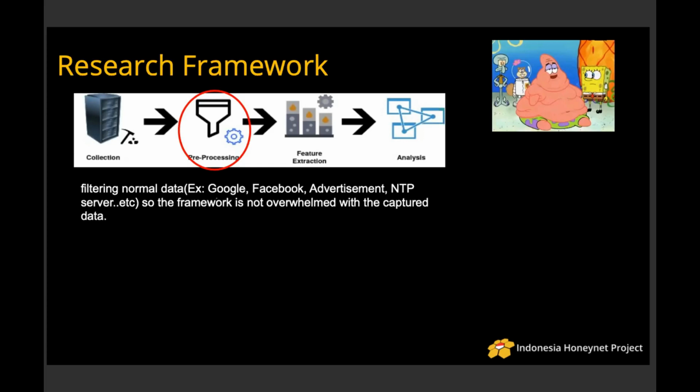In this pre-processing stage, we aim to filter normal data, like Google, Facebook, any domain connected to advertisements, network time protocol servers, and so on, so the framework is not overwhelmed with the captured data.